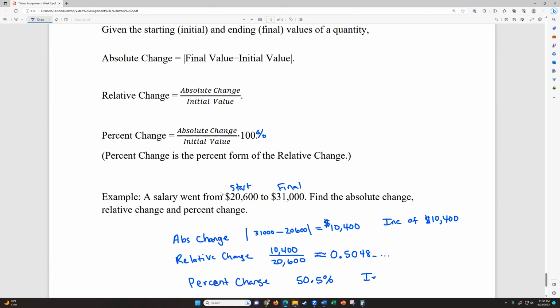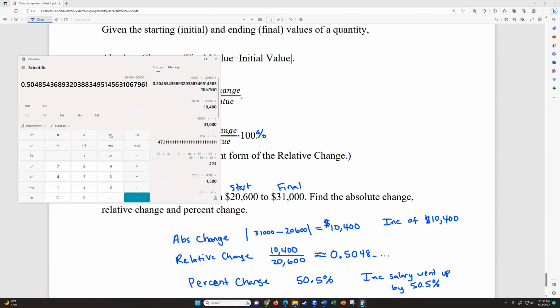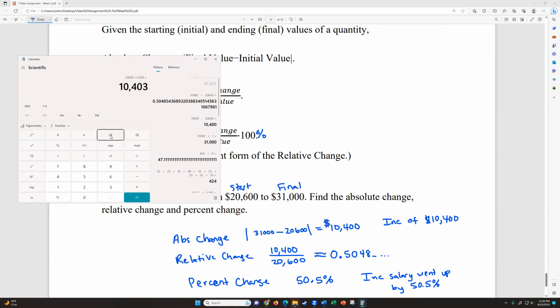So our salary went up by 50.5%. If you think about that, 20,600, and we times that by 0.505 and then add that back to it, you can see that does get us pretty close.